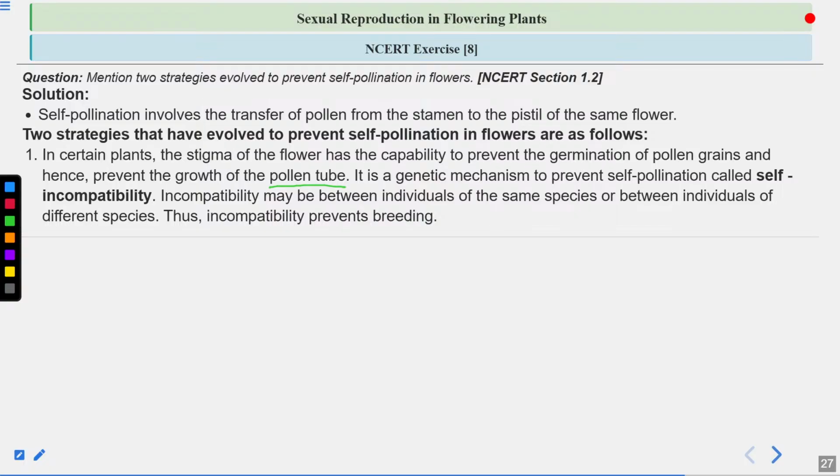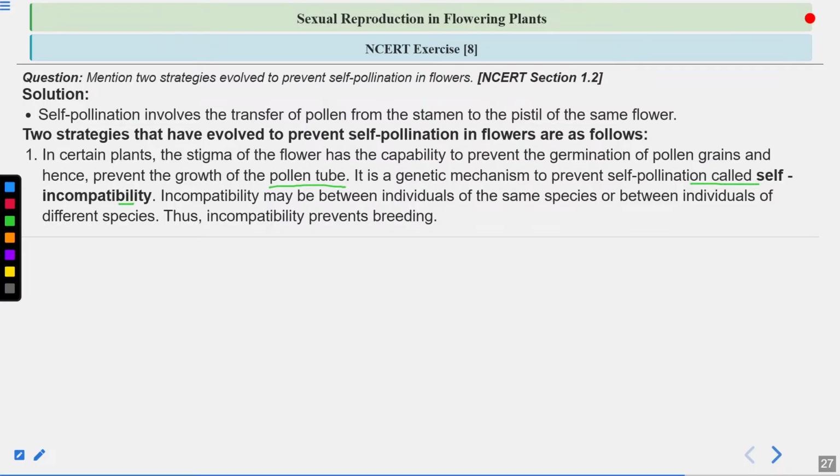If the pollen grain is of S3 or S4 type, then the stigma will allow it to germinate. So this is self-incompatibility.